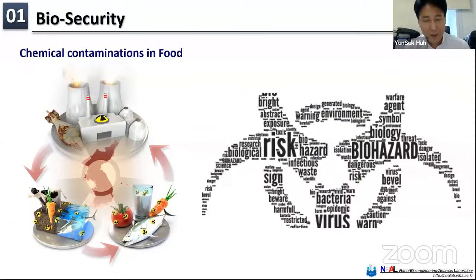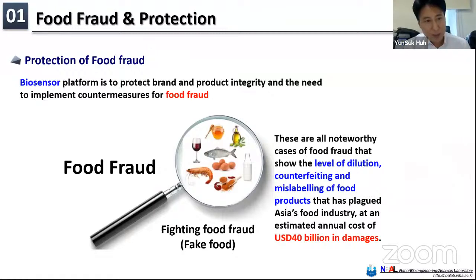So we have to think about how to protect our body and life from contaminations, nuclides and harmful substances. This slide shows how to monitor harmful substances in our surroundings.